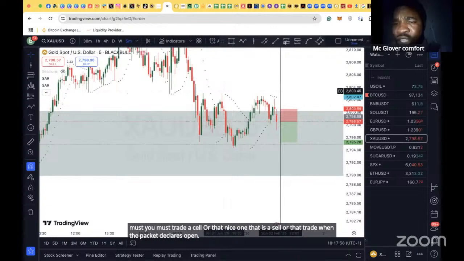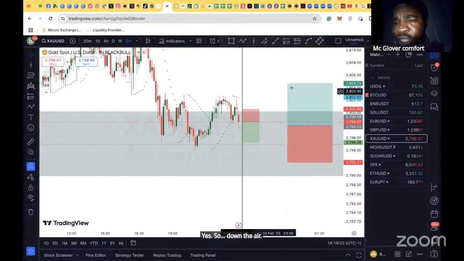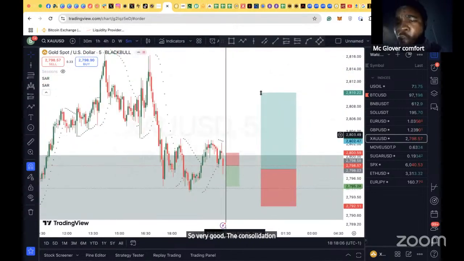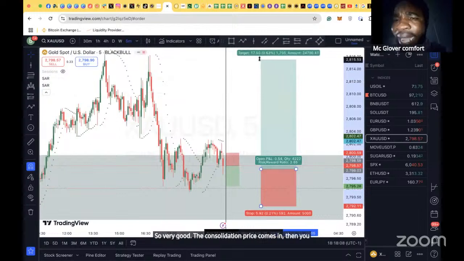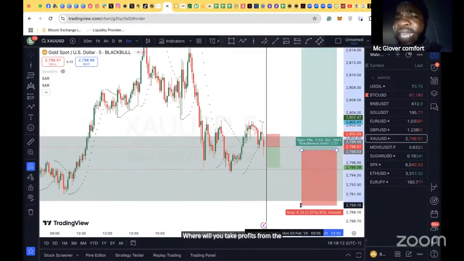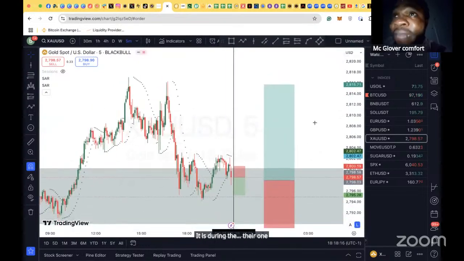Yes, so down there, very good. The consolidation price comes in, then you skyrocket back. Where will you take profit from the buy order during the day? It is on the 1 day time frame that we started.